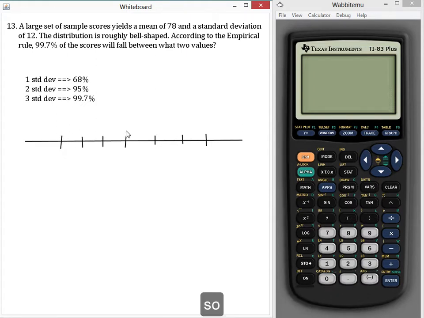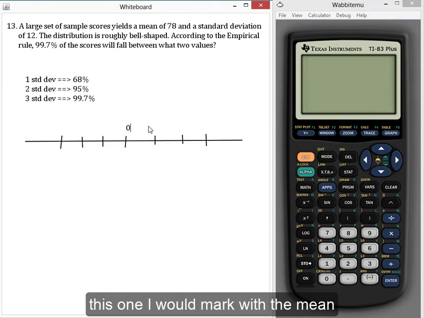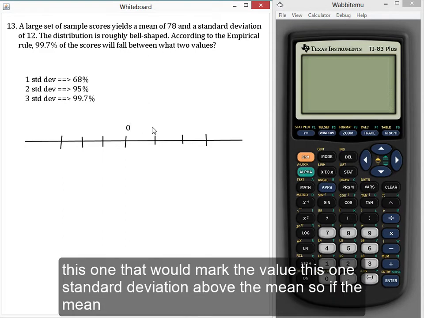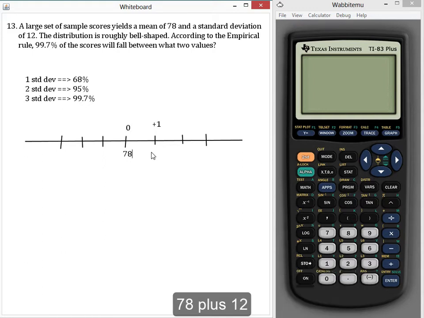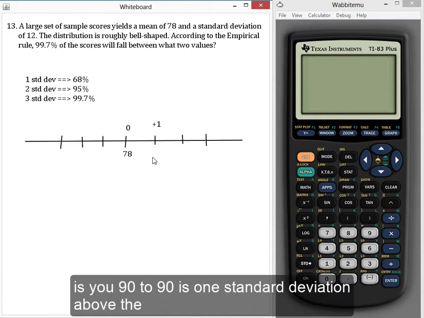So this one I would mark with the mean. This one I would mark the value that's one standard deviation above the mean. So if the mean is 78, 78 plus 12 gives you 90. So 90 is one standard deviation above the mean.